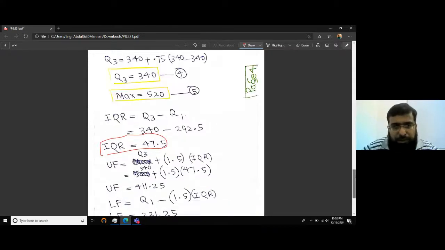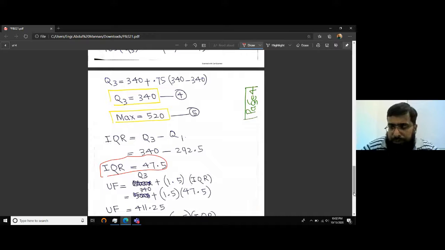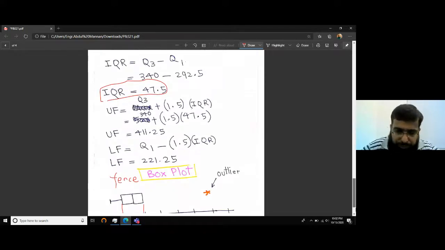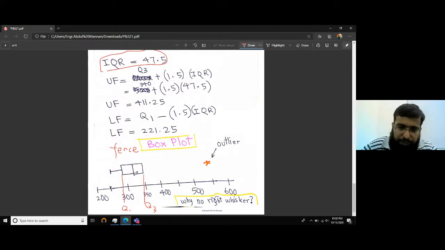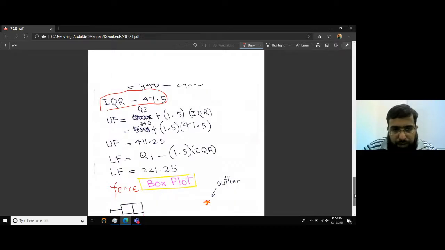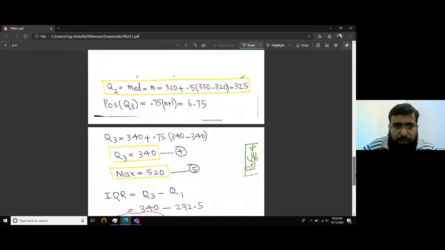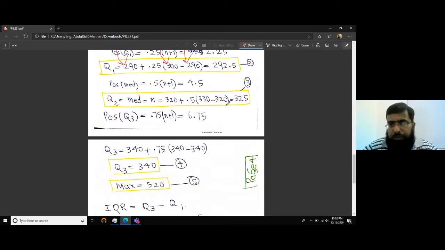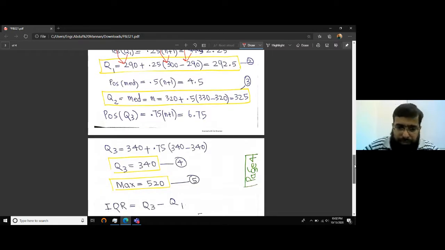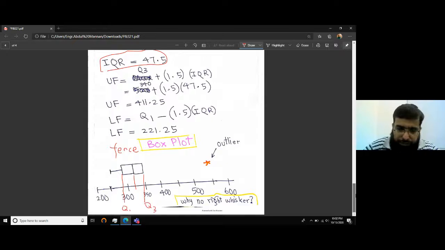What is Q3? 340, just before 350. And the center line is the median. How much is the median? Well, where's the median? This one, 325. So this is the median, Q2, the second quartile, 325.